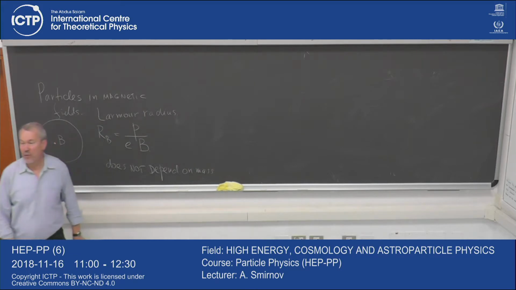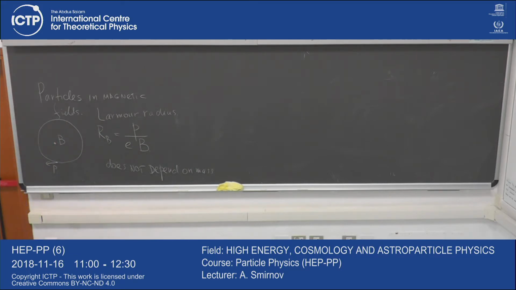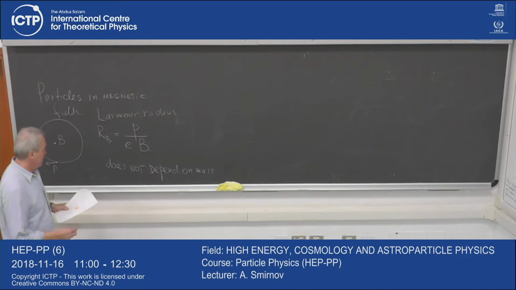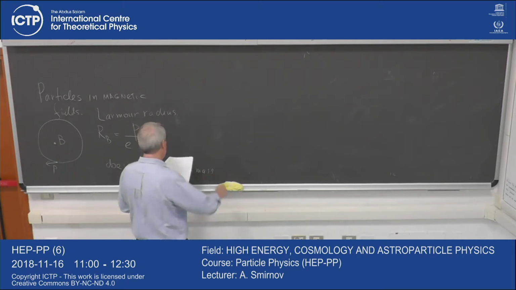Actually, this is because both forces, centrifugal and produced by magnetic field, do not depend on mass, and as a result, you will have this radius, which doesn't depend on mass, which is extremely important for our studies.